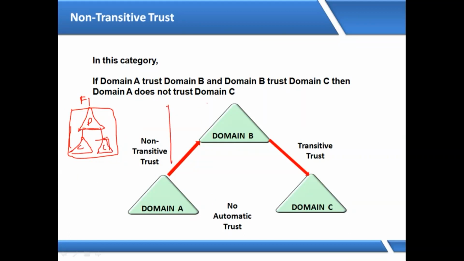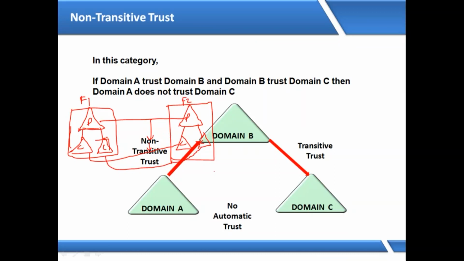Between two different forests, you have created non-transitive trust between parent to parent, and between one child to another child. Automatically it will not create trust for the remaining child domains. However many child domains there are, that many trusts you have to create manually.